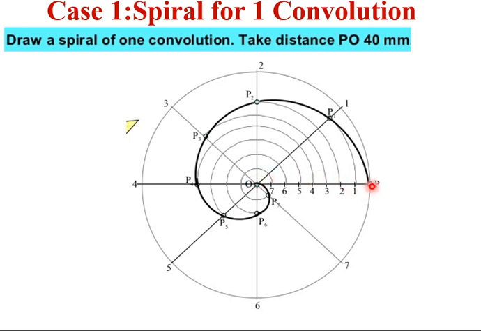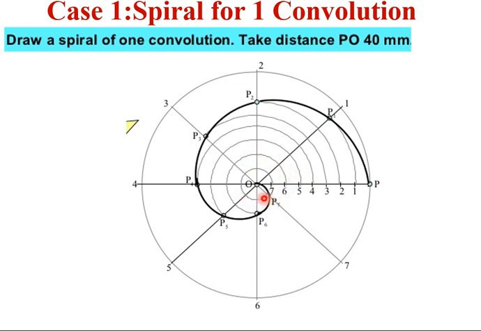Both should happen in a uniform way. P should move towards O in uniform speed, as well as this line should rotate about this particular point O in uniform manner or with uniform speed. So the curve which is obtained in this context is known as Archimedean spiral.